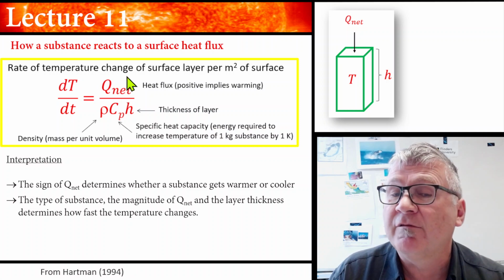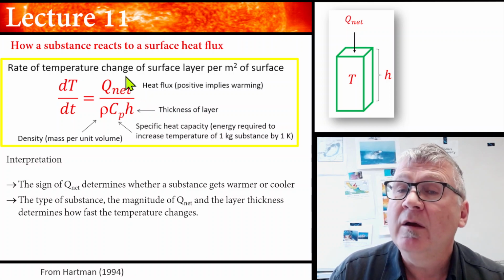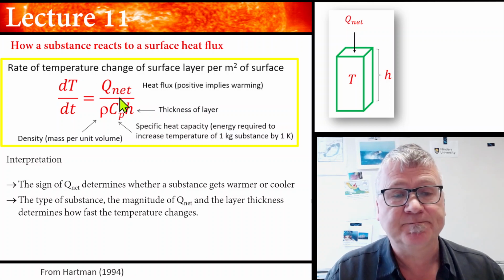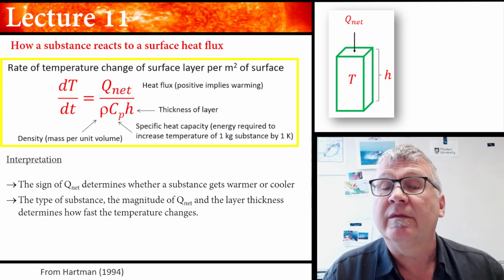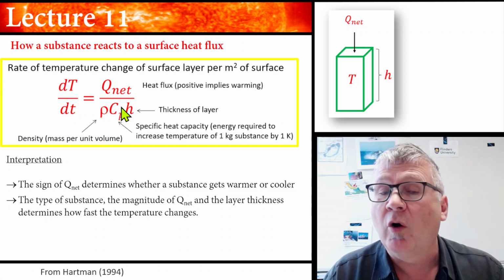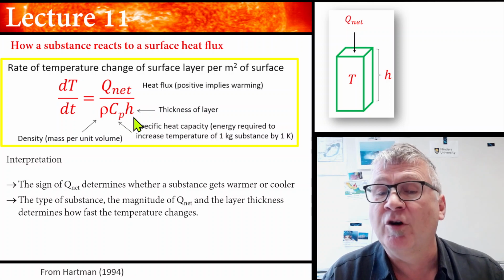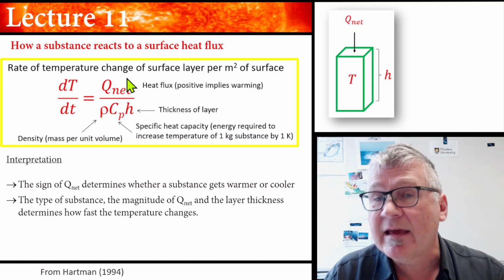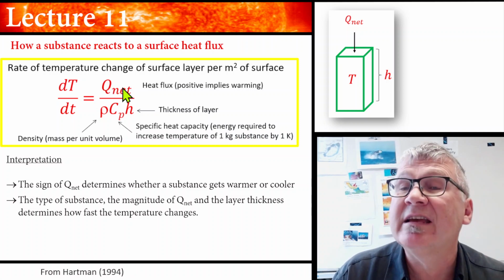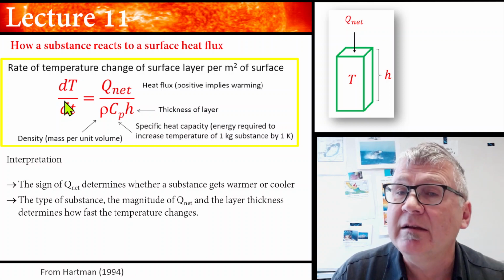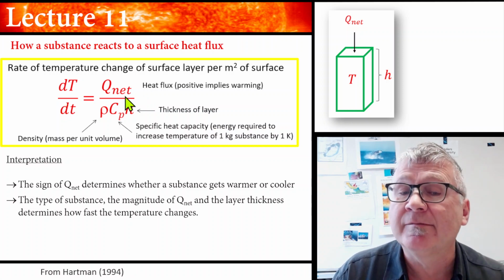If the surface heat flux is positive, the left side is positive, which means that the temperature will increase. All the other terms here are positive quantities. If the Q net is negative, it causes a temperature decrease. So the sign is controlled by the Q net.